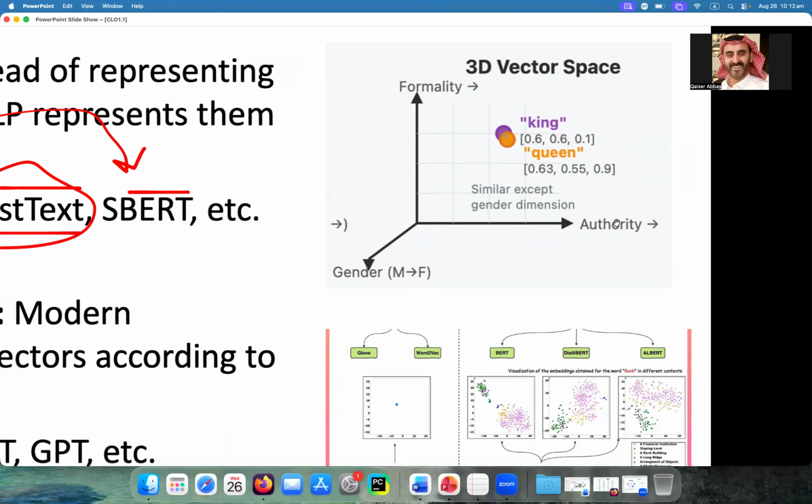For example, the first value is representing authority, the second value is representing formality, the third value is representing gender. These first two values are the same, but the last one is different, which is representing that king and queen have the same status, but their gender is different. This is the meaning of these numbers.